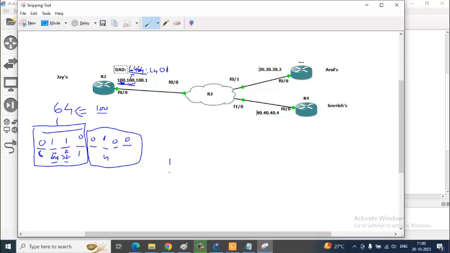So 100.100.100.1 is equal to 6464 colon 6401. Do you agree? Arun? Yes, sir. Yeah. Arun, are you there?